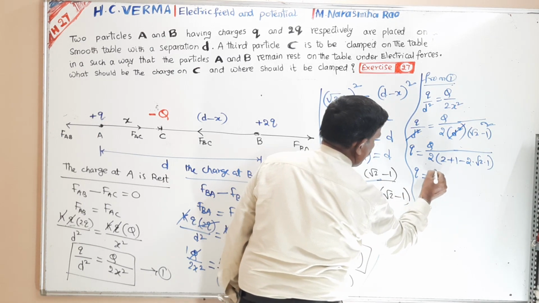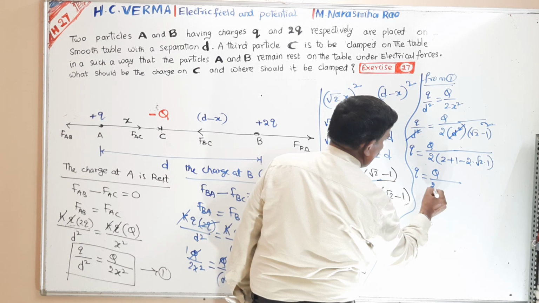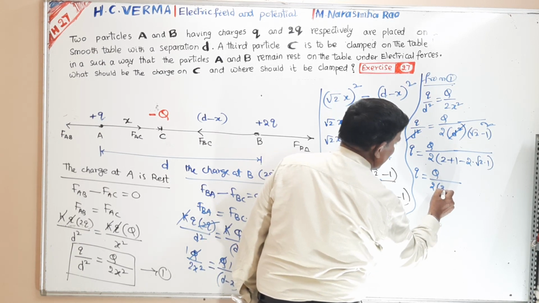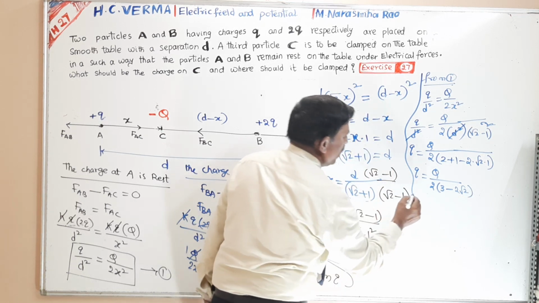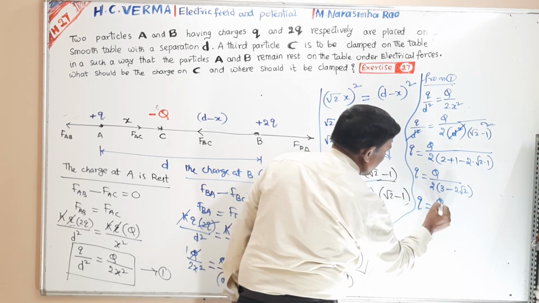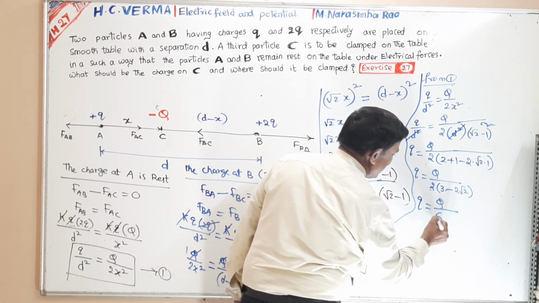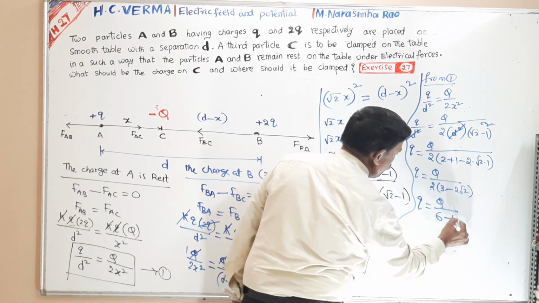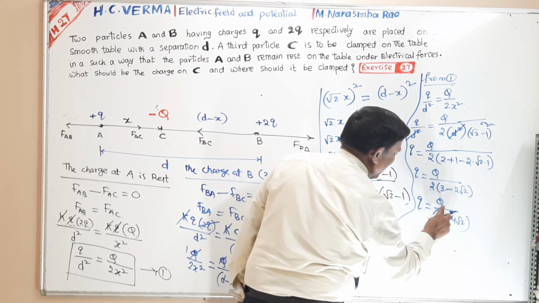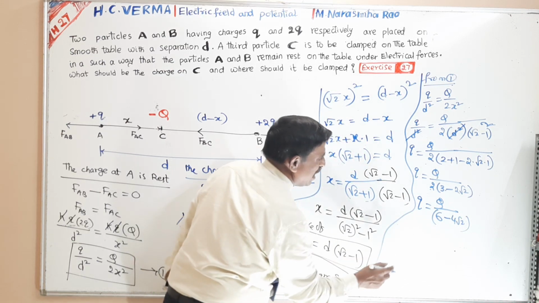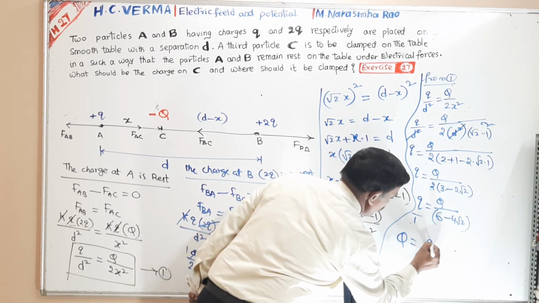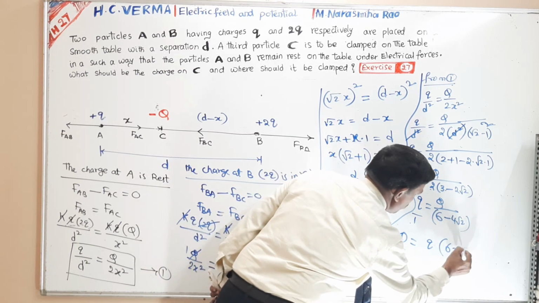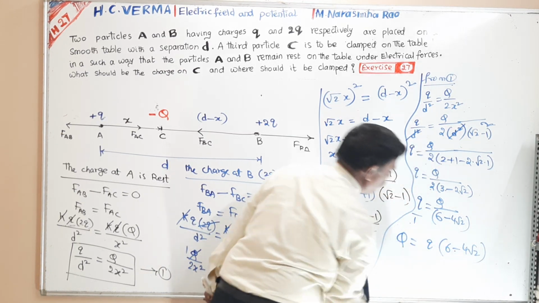Small q is equal to capital Q by 2 into 2 plus 1, 3 minus 2 root 2. Now small q is equal to capital Q by 2 into 3 minus 2 root 2, that is capital Q into 6 minus 4 root 2, all by... we need capital Q.